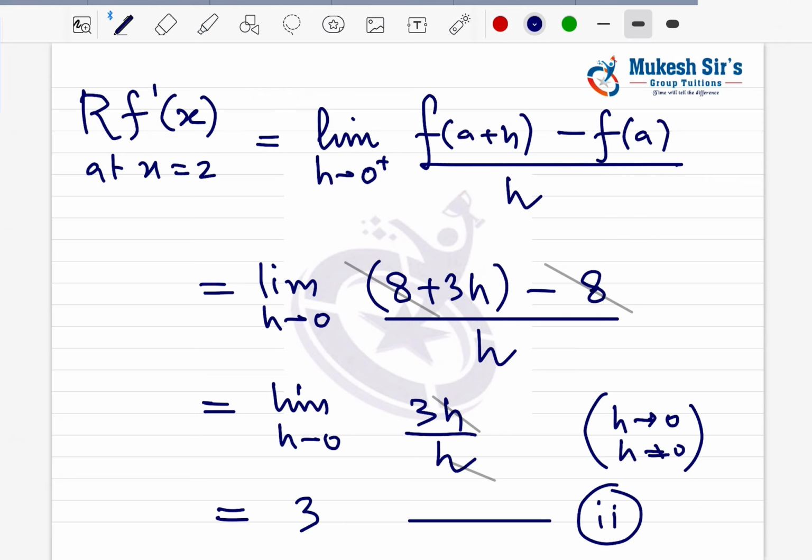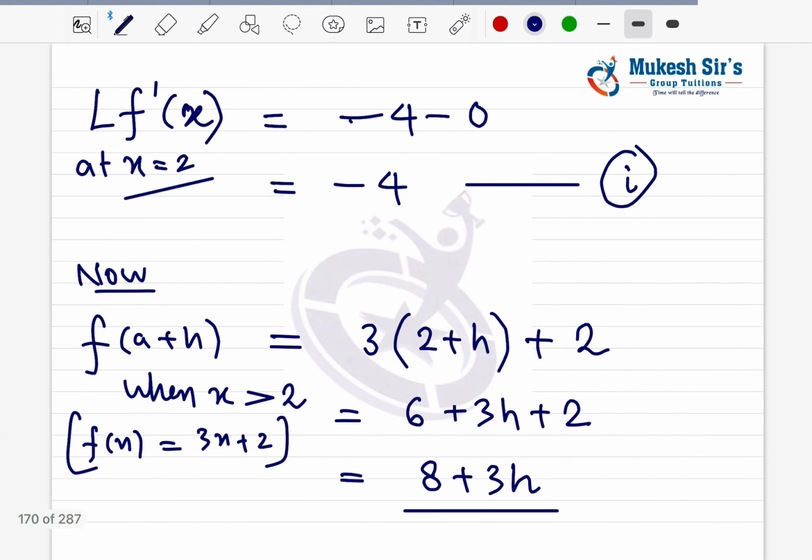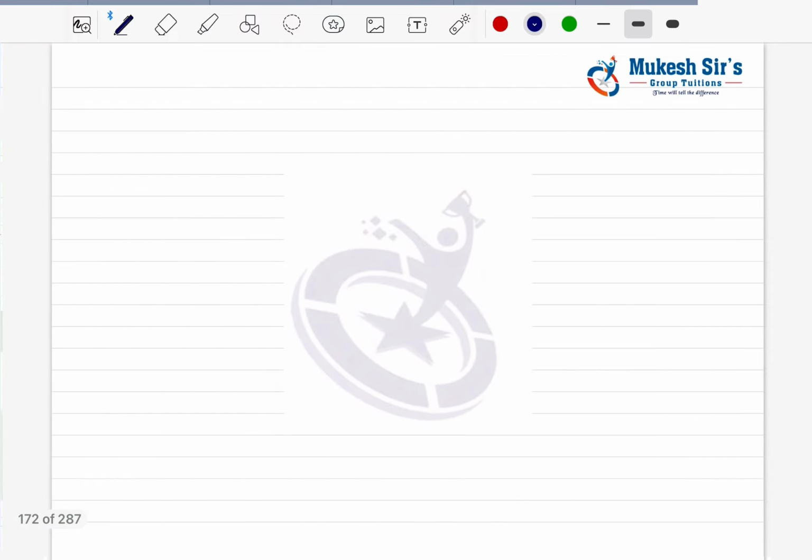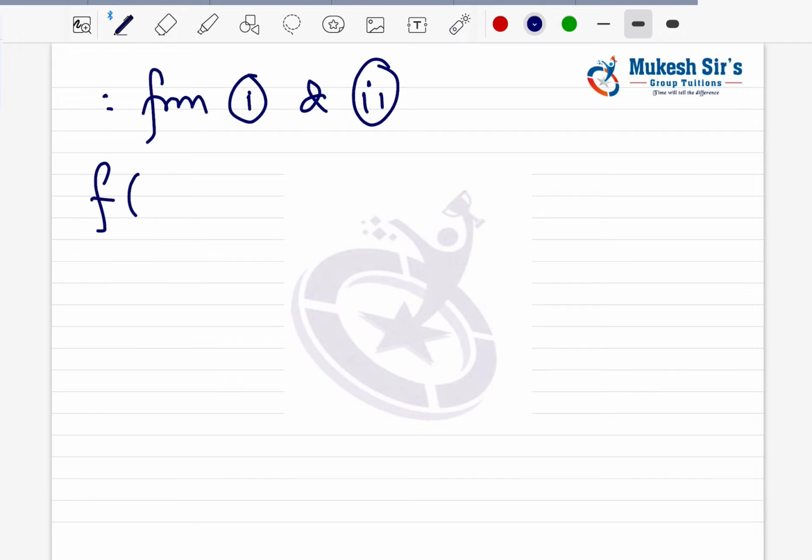So therefore, from 1 and 2, the left hand derivative is not equal to the right hand derivative at x equal to 2.